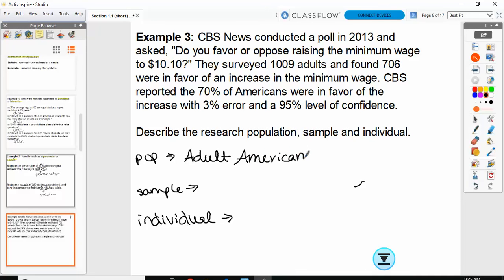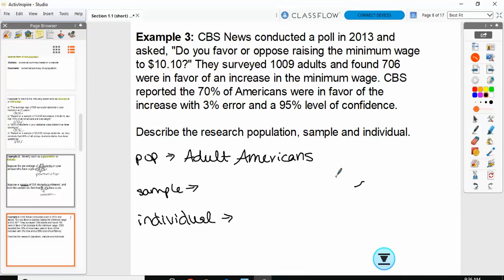They probably don't care about the opinion of a 5-year-old in this case, or of somebody in another country. Now you could make the argument that they should probably be concerned with teenagers, because you guys have jobs, right? But didn't say anything about surveying those people.